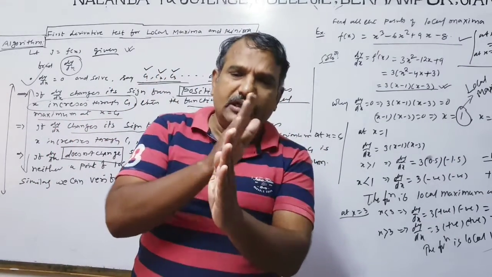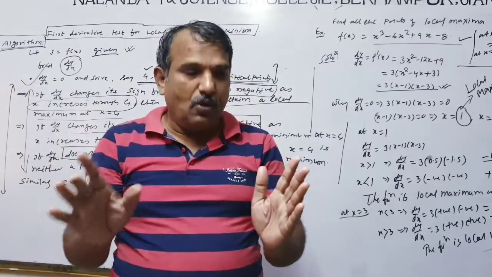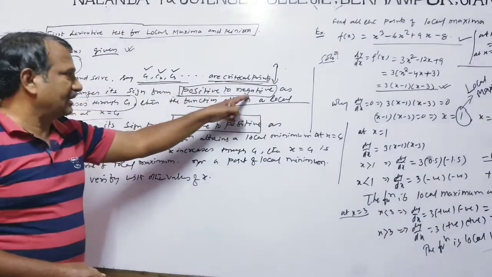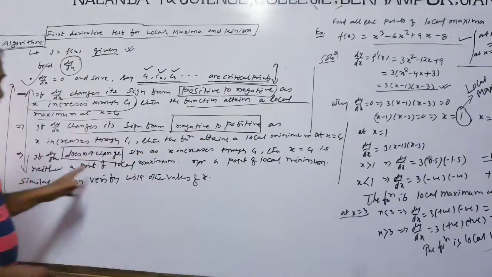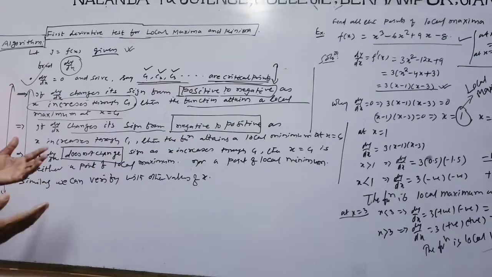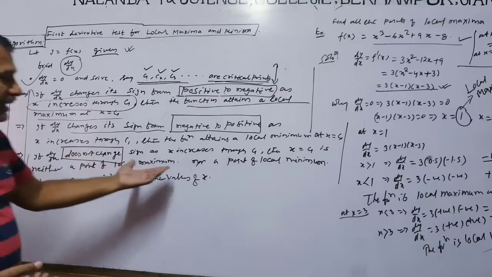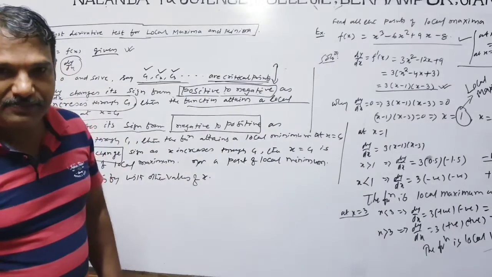Check less than c1 and greater than c1. When the sign goes negative to positive or positive to negative: positive to negative is local maxima, negative to positive is local minima. If it does not change, then we say that it is neither maxima nor minima. This is one example.